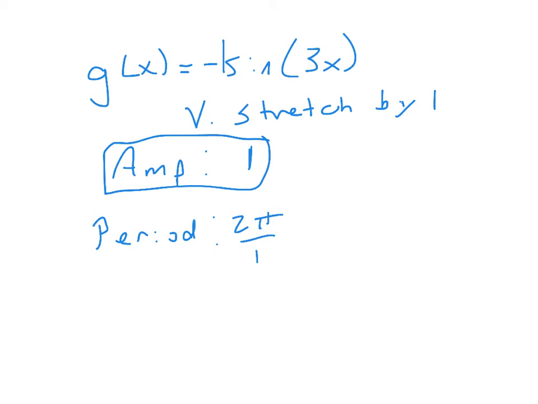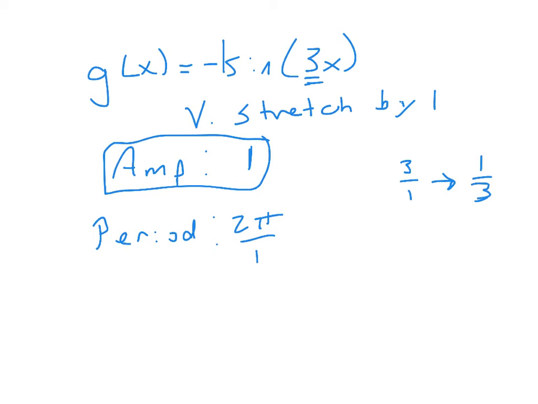But is there a horizontal stretch or shrink? Now, this is the tricky one. So we've got to look at this 3 and say, is that a horizontal stretch or shrink? And this is different from vertical. Find the number in front of x. In this case, the number in front of x is 3. So I've got to flip that number over. I'm going to write that as 3 over 1. That means there's a horizontal stretch or shrink by 1/3.